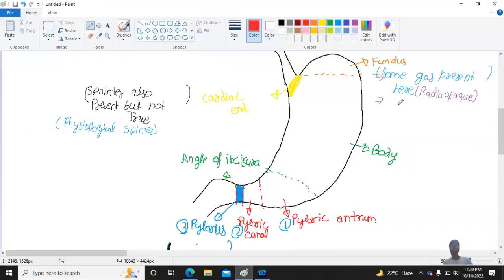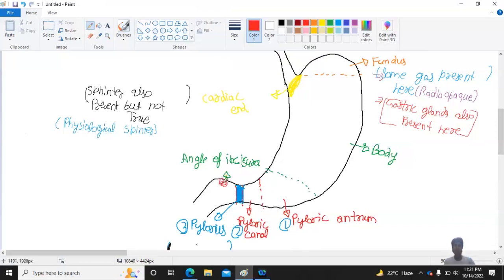Another point is that gastric glands are also present here, like chief cells, peptic cells, and oxyntic cells, all cells present here. Some types of glands are present here and some glands also here, in the pylorus region.